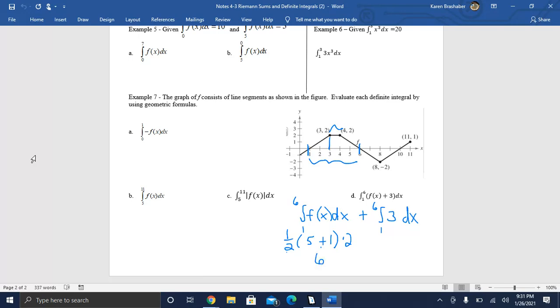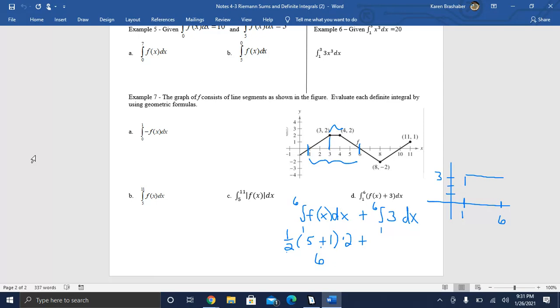Now, I then have to calculate my area from 1 to 6 of 3 dx. I want you to think about what that is saying. So 3, if we think of that as y equals 3, that would just be a horizontal line. So we're going from 1 to 6, and we have a horizontal line at 3.